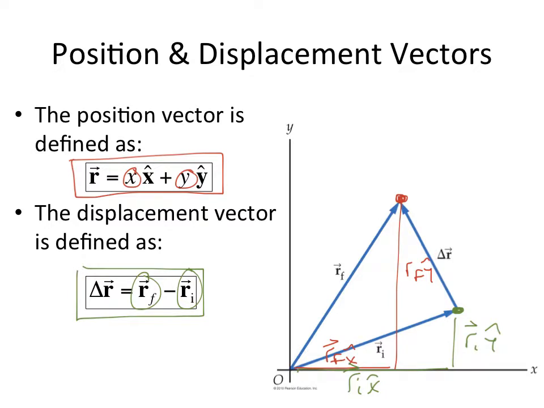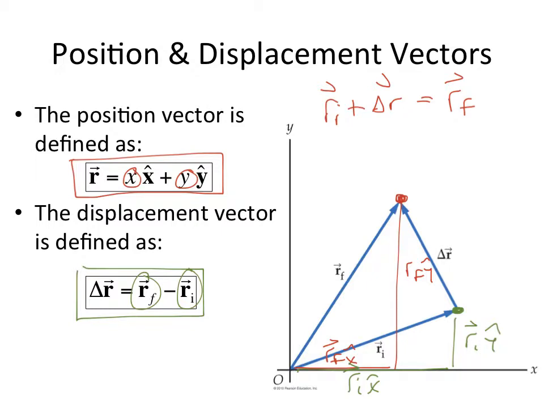So let's write this down: R initial plus delta R equals R final, right? Doesn't this vector from the origin plus this vector equal that? It sure does. We've been doing that for seemingly weeks now. It hasn't really been that long.